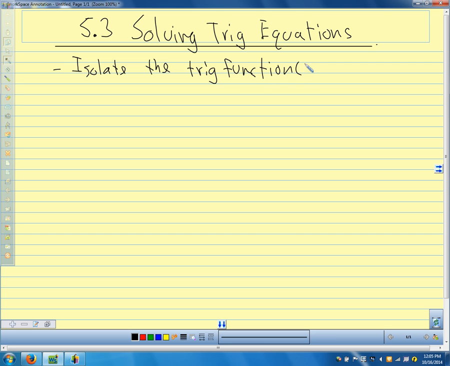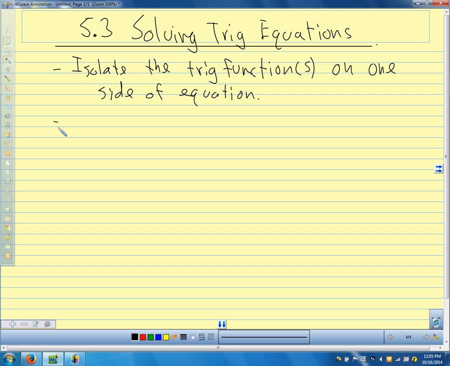Just like in algebra, we wanted to get x by itself on one side of the equal sign, we want to get our trig function by itself on one side of the equal sign.